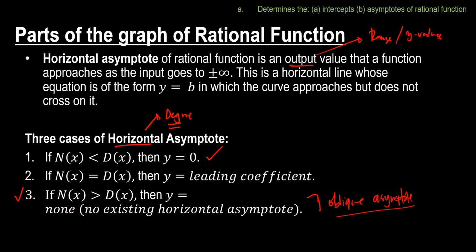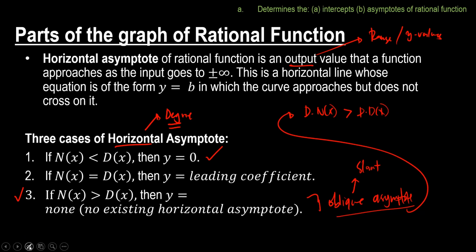Sa condition 3, again, kapag ang degree ng numerator is greater than the degree of the denominator, then there is no horizontal asymptote, but we can check if there is an oblique asymptote. Another term for oblique, class, is slant. Magkakaroon lang tayo ng oblique asymptote or slant asymptote if the degree of the numerator is greater than the degree of the denominator.